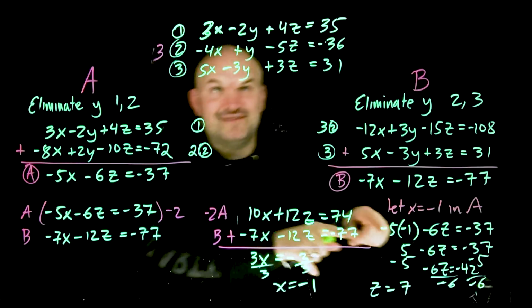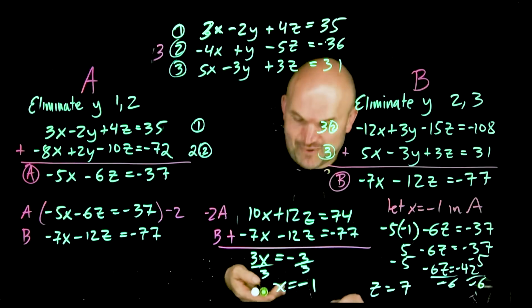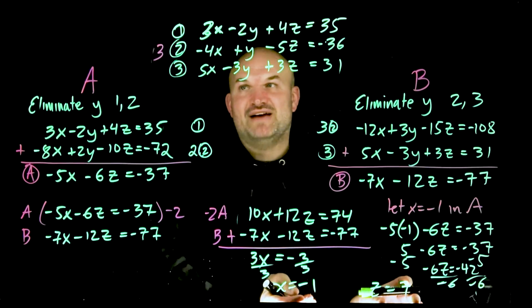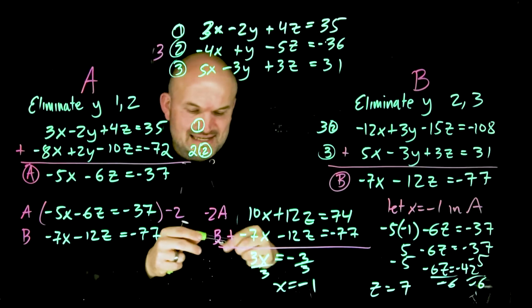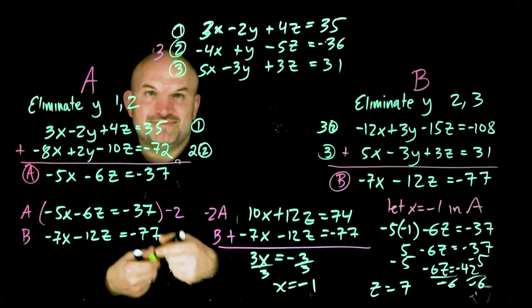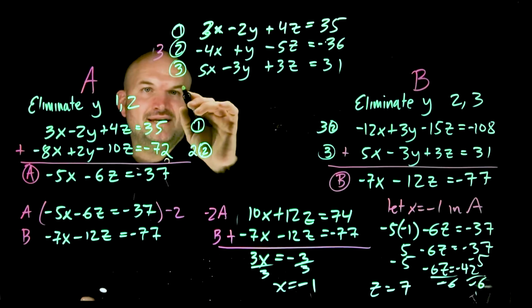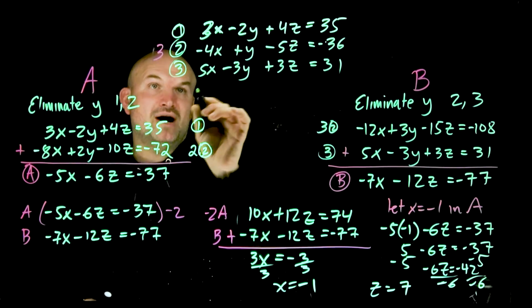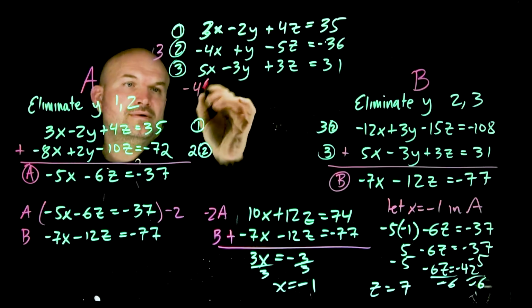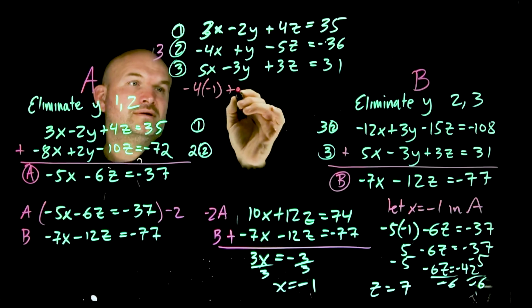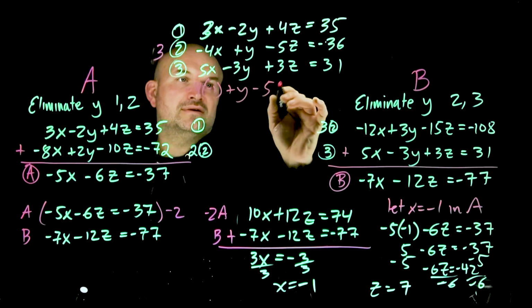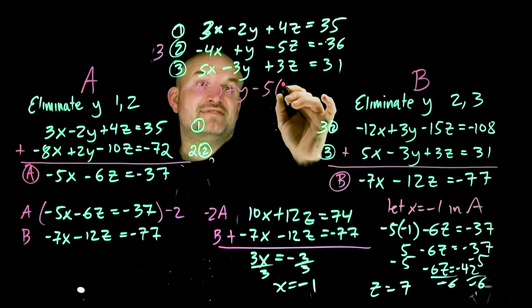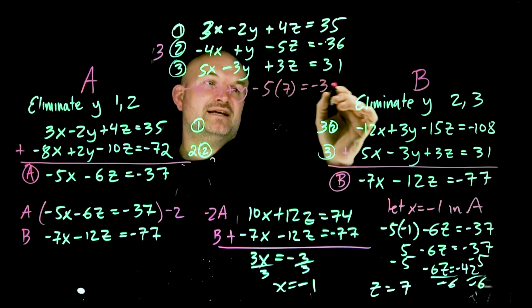So I have x, I have z, I just now need to find y. So what I'm going to do is plug these two values into my middle equation, because then I already have my y basically isolated. So that's the easiest to do. I kind of ran out of space here, so sorry, I'm going to plug everything in right here to solve for my y. So I'll do negative 4 times negative 1 plus y minus 5 times z, which is 7, equals negative 36.